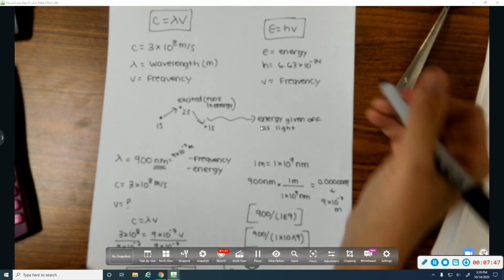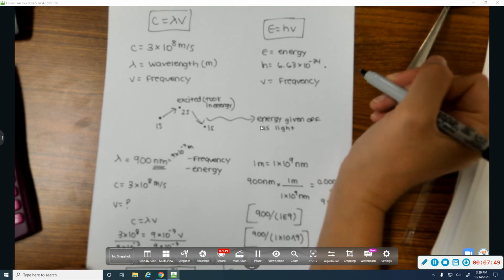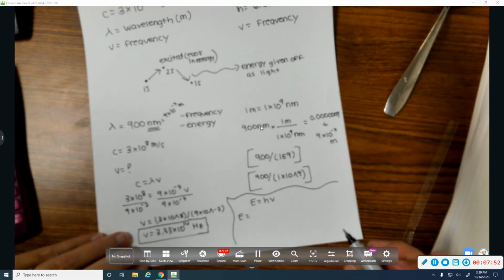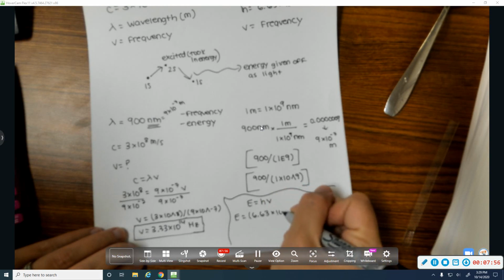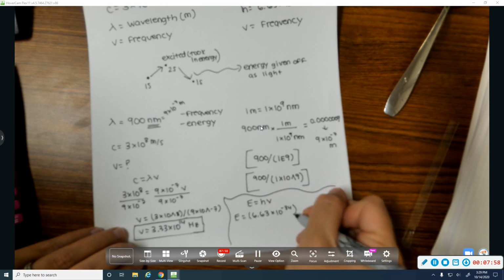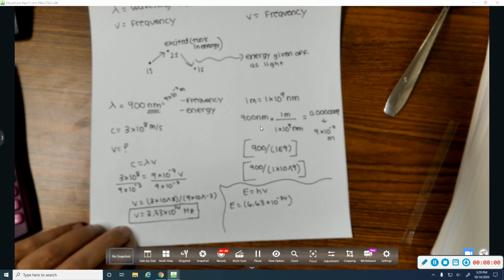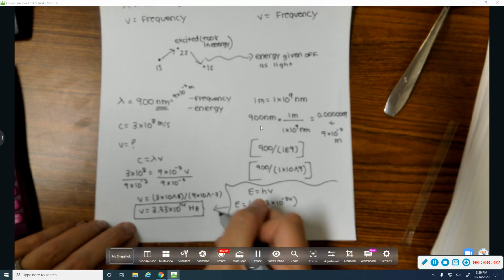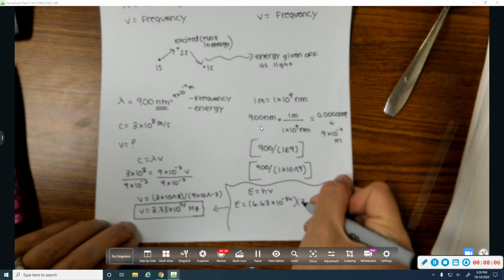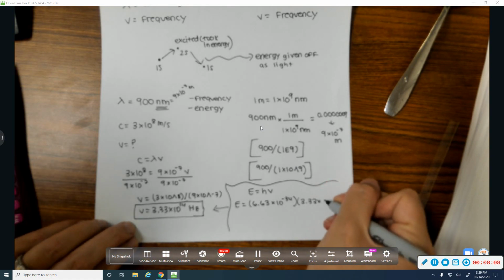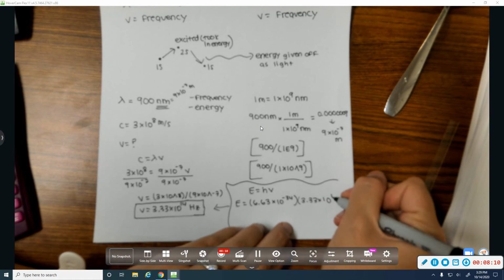Remember, it is always this number, 6.63 times 10 to the negative 34. So 6.63 times 10 to the negative 34. And then V is frequency. We just solved for frequency right here. So I'm going to use that value, 3.33 times 10 to the 14.